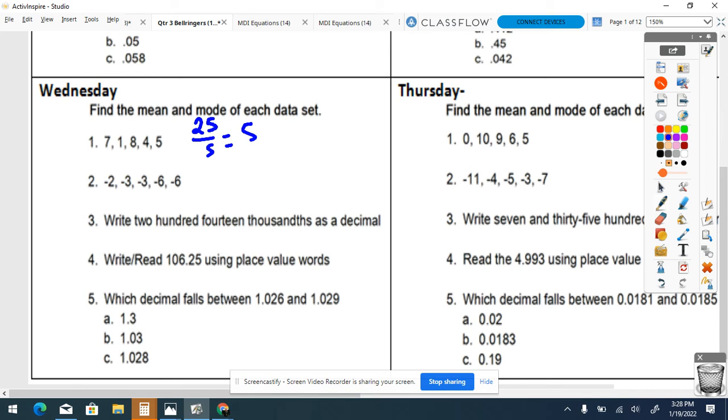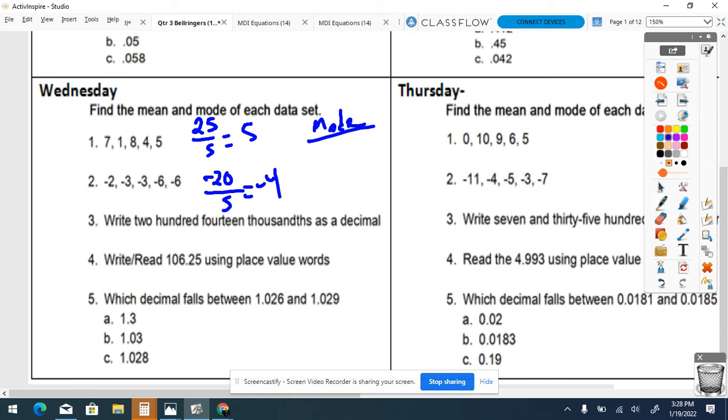Then for number 2, we should have had -20 divided by 5 for a mean of -4. Then go ahead, find your mode for 1 and 2. Remember, mode means the most. So what numbers occur the most? So pause the video and answer that.